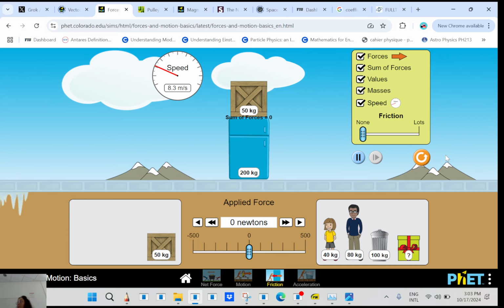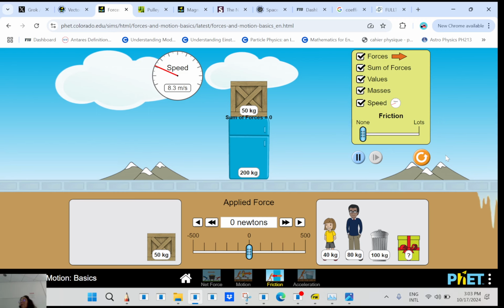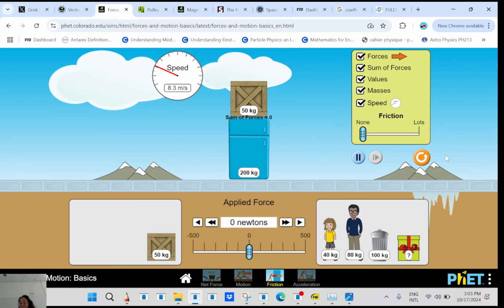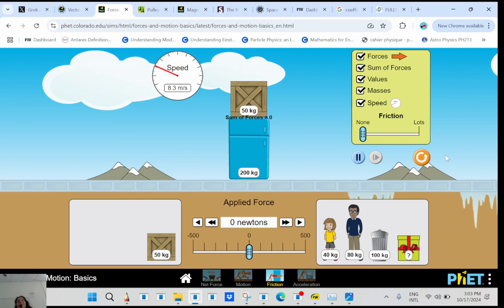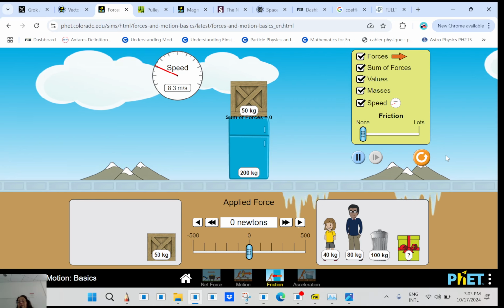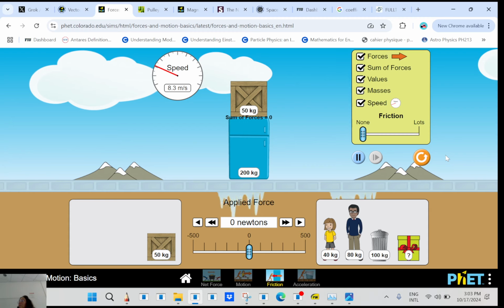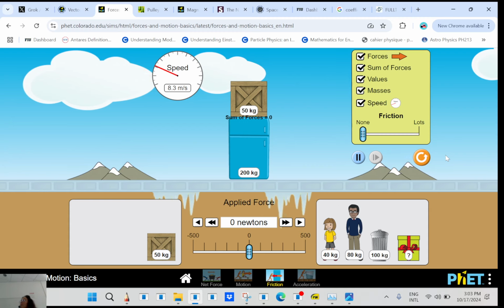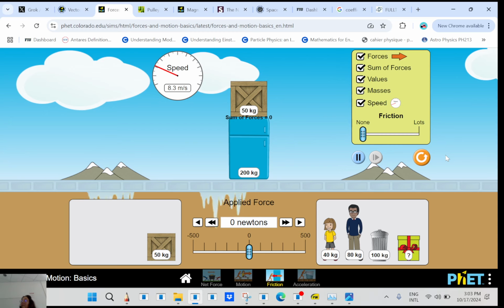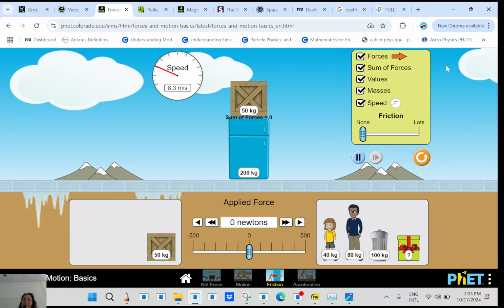So it's a misconception to think that you need a force for something to keep moving. It wants to keep moving, right? The only reason it's going to stop moving is because of friction, so there is a force acting on it. Otherwise, anything wants to keep moving at the same speed in the same direction.